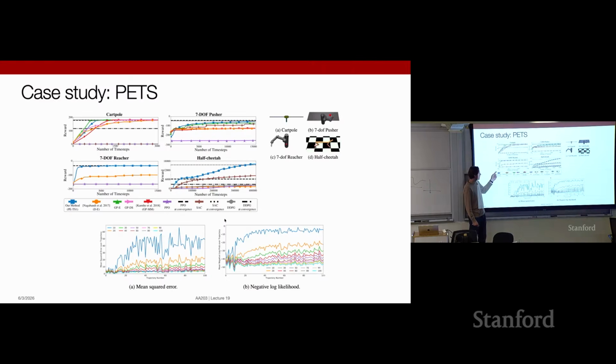So if we compare the performance on the y-axis with respect to the number of time steps through which they had to interact with the environment, you could see that maybe the performance at convergence is fairly similar, but the blue curves typically converge much faster. And this is because through learning the model itself, we can circumvent a lot of the interactions with the environment. So generally, the benefits in model-based RL often relate to sample efficiency.